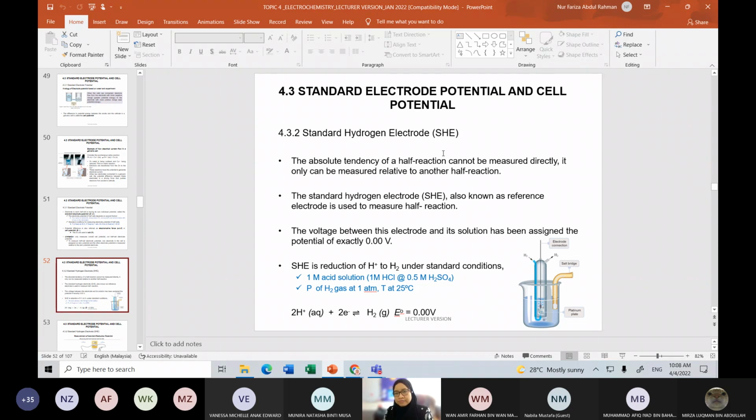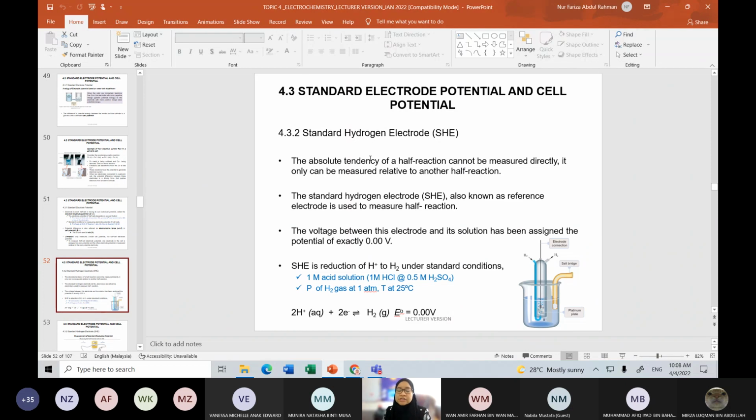The standard potential for SHE is fixed at 0 volt. If the standard potential for SHE is 0, that means we can measure other metals' electrode potential. So it is actually with reference to SHE.